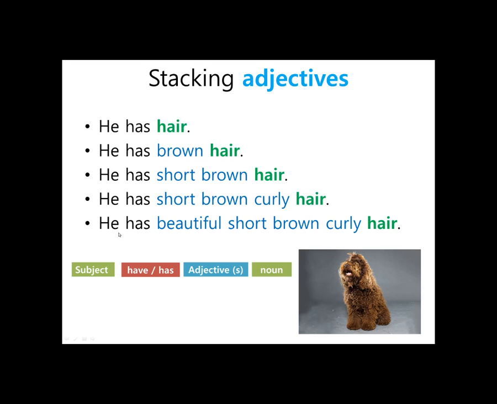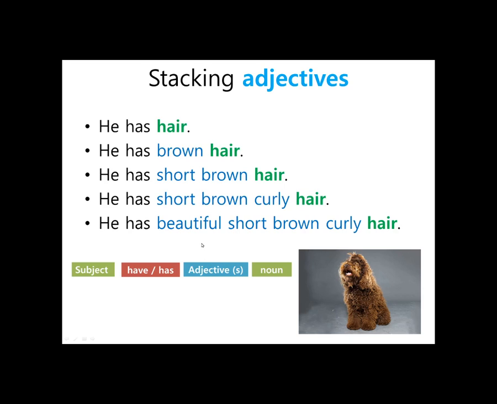And last one, he has beautiful, short, brown, curly hair. So we have 4 adjectives in a row. The grammar structure for these sentences is subject, have, has, your adjectives, and your nouns. So you put the adjectives here.